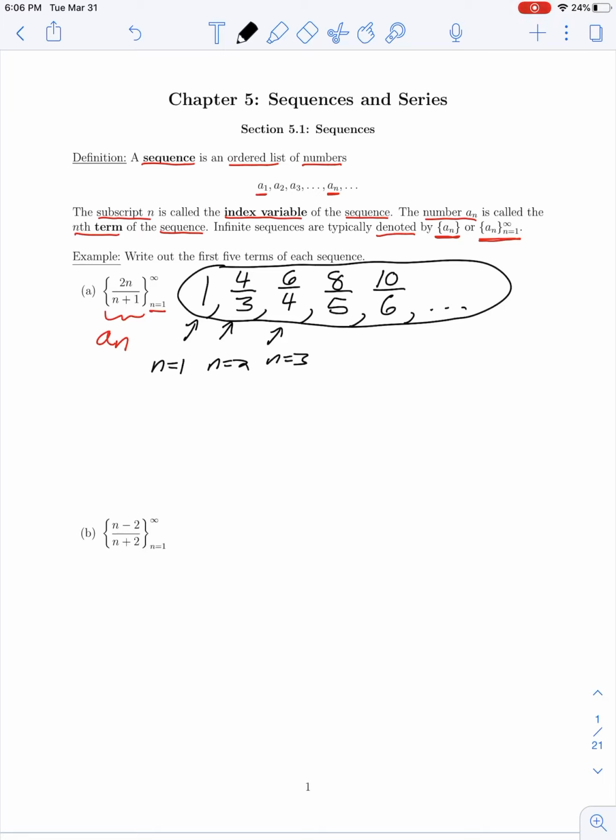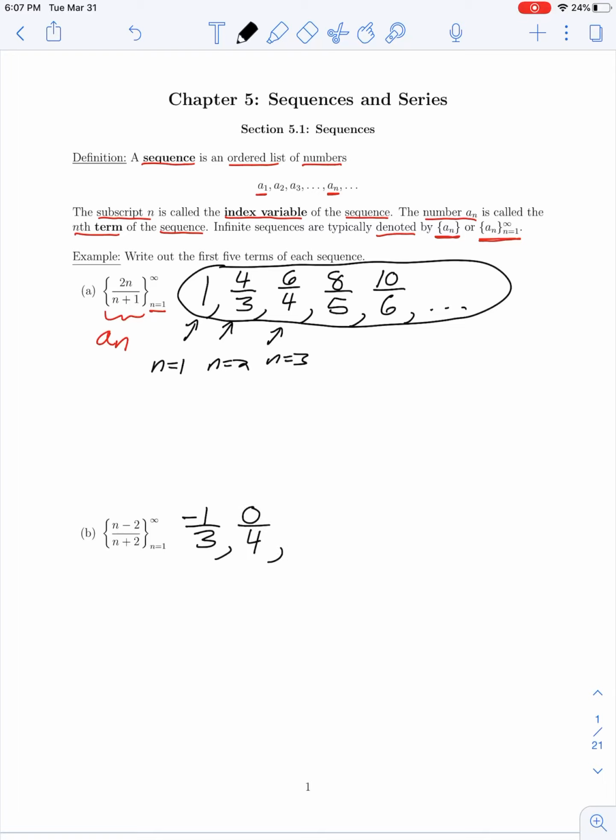So in part B, we have the sequence defined by n minus 2 divided by n plus 2, starting at n equals 1 and going to infinity. So to get the first term in this sequence, we will plug in n equals 1, which would give us negative 1 over 3.